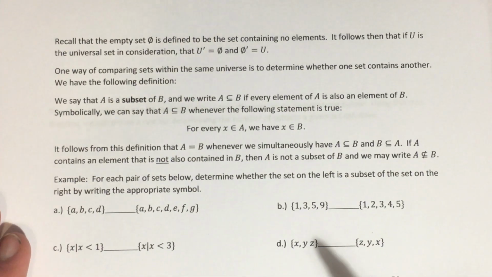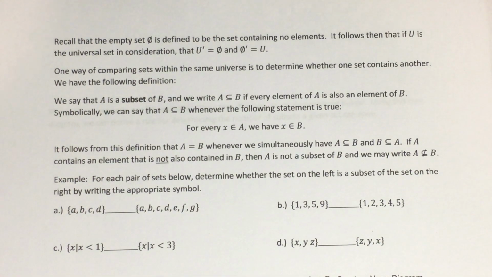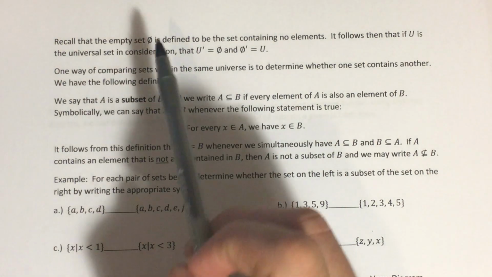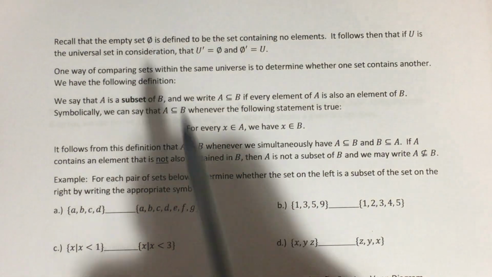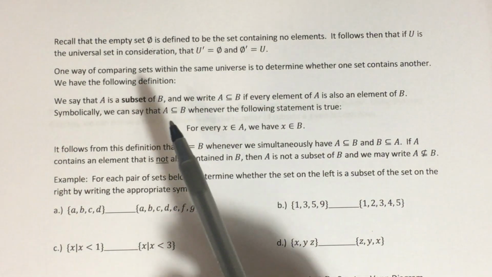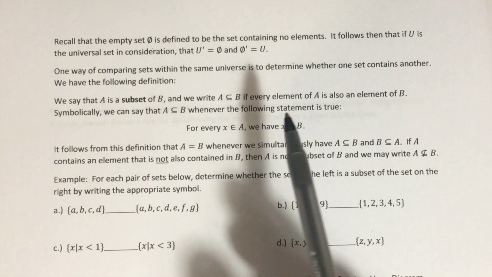Now, one really interesting thing that we start to look at in this section is how the empty set fits in with these definitions, specifically with complements. So remember, the empty set, which we use this symbol for, a circle with a slash through it, we define that to be the set containing no elements whatsoever.